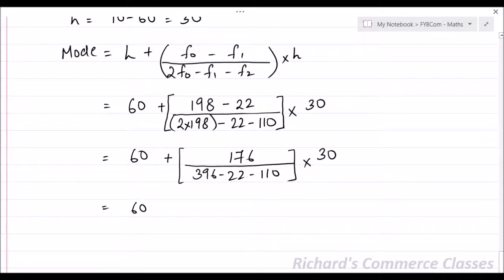That is equal to 60 plus, this whole bracket, the value is 0.6667, into 30. The answer is 80. Our final answer, mode, has come to 80.